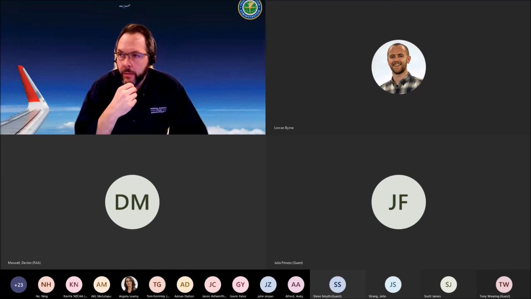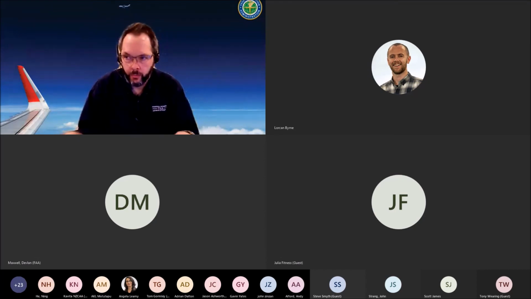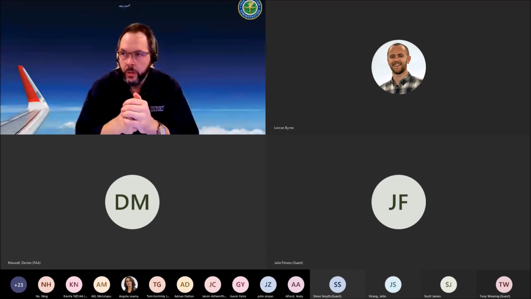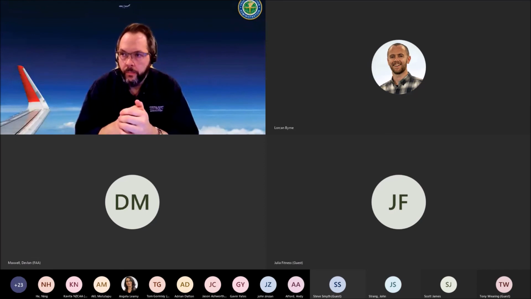We are looking at it, like I mentioned a minute ago, for contingency. So when you lose a radar, if you had space-based, you could still do tactical separation instead of reverting to procedural. And we're looking at that in the Caribbean. We're looking at reduced separation over the North Atlantic.